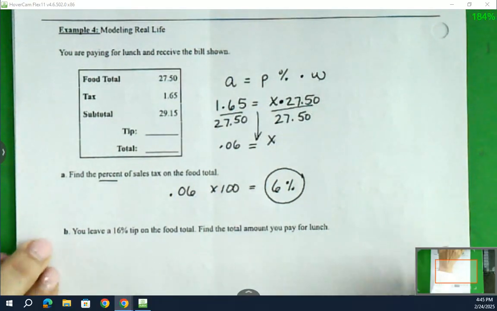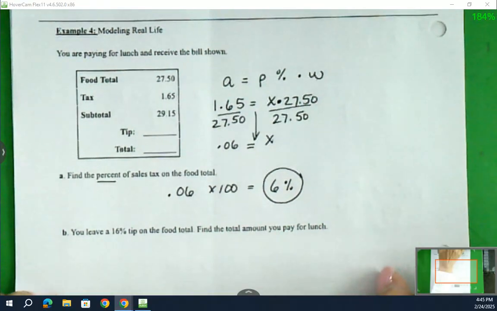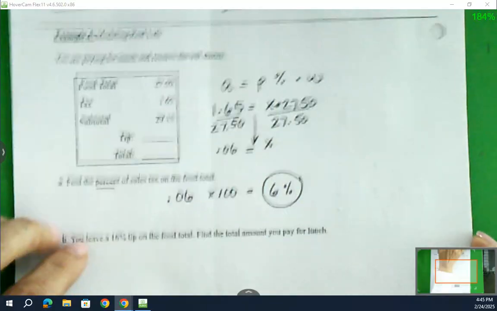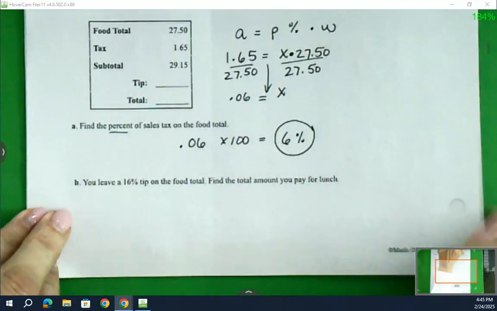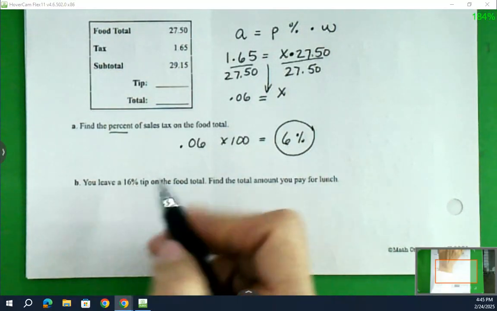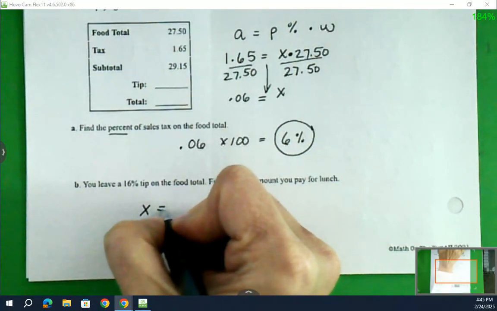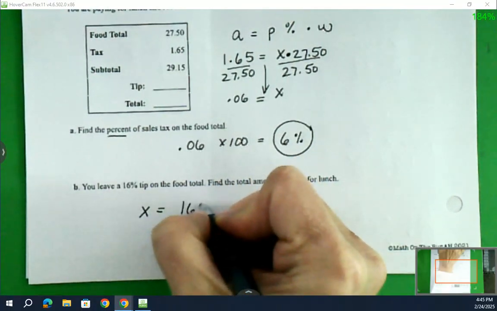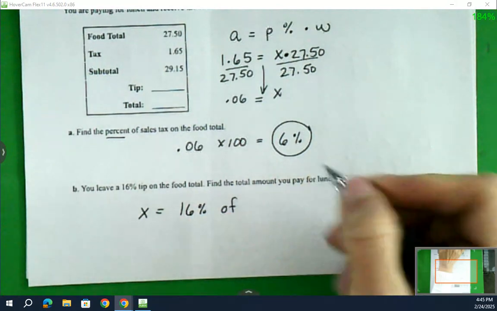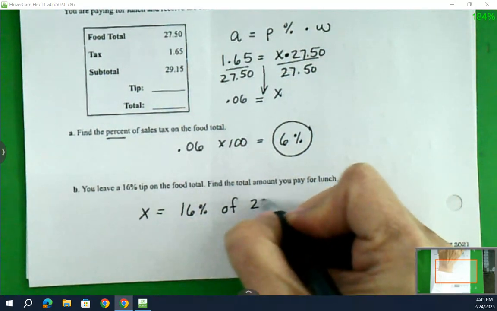Okay, so it says if you leave a 16% tip on the food, find the total amount you'll pay for lunch. So if you're doing 16%, we want to know what is 16% of $27.50.